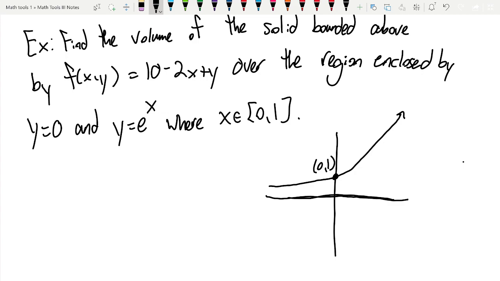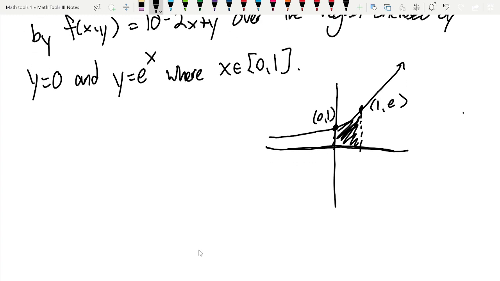And then x is between 0 and 1. So at 1, y is going to be just e, right? So that may or may not be important. Let's see. So this is the region that we're on, though. Okay. So again, because the function is so simple itself, just a linear function, it probably doesn't really matter which order we do this in.